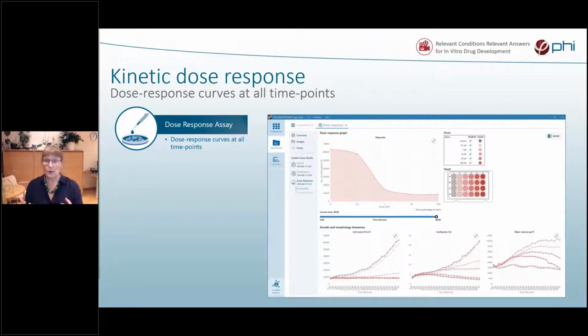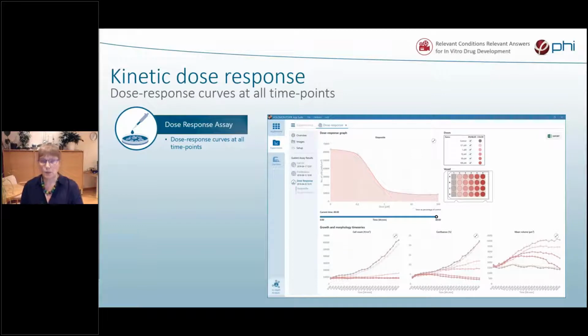So usually data are collected after 24 or 48 hours. Using the HoloMonitor, you can instead collect data at intervals that you decide: every hour, every 10 minutes, every 6 hours, whatever you need. And then data is presented for all time points. And you use the same cell culture for all time points, making the results less variable.